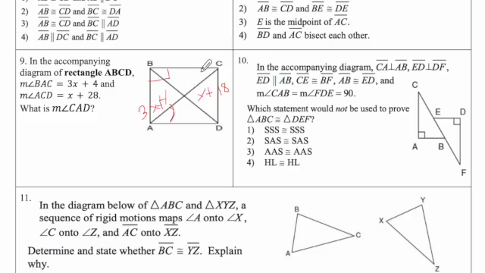We also know, because the lines are parallel, that these are alternate interior angles and they're congruent. So we have 3x plus 4 equals x plus 28. So let's subtract x from both sides.